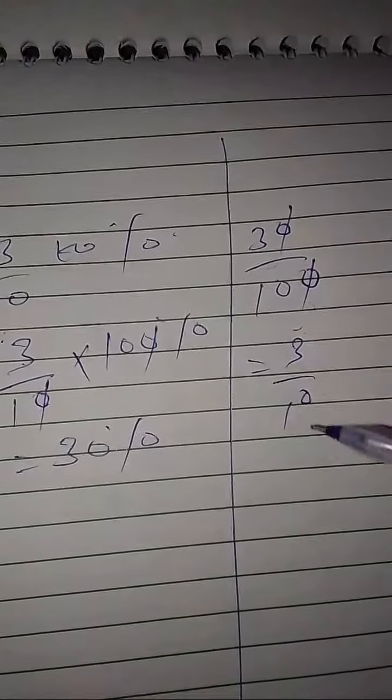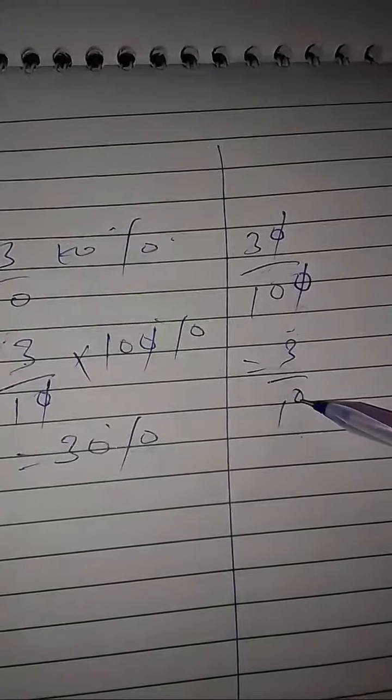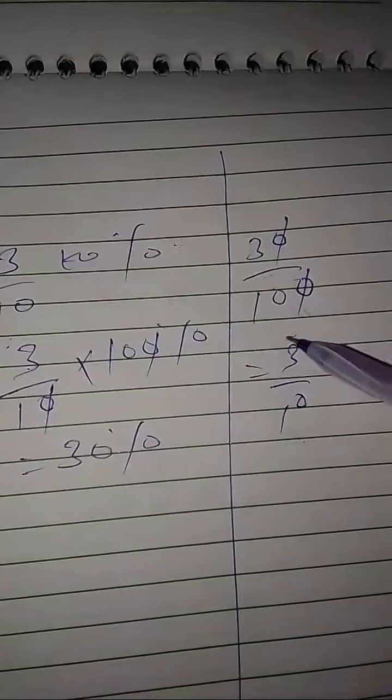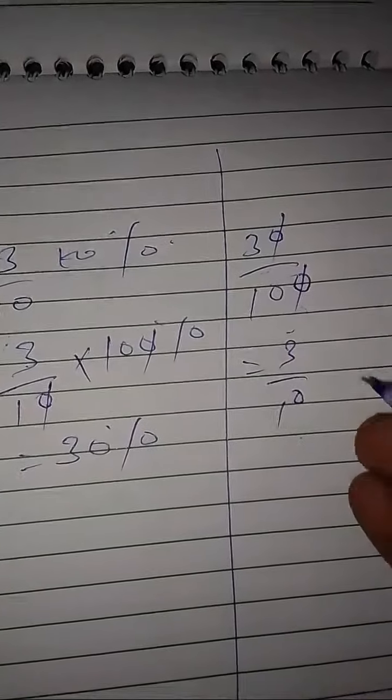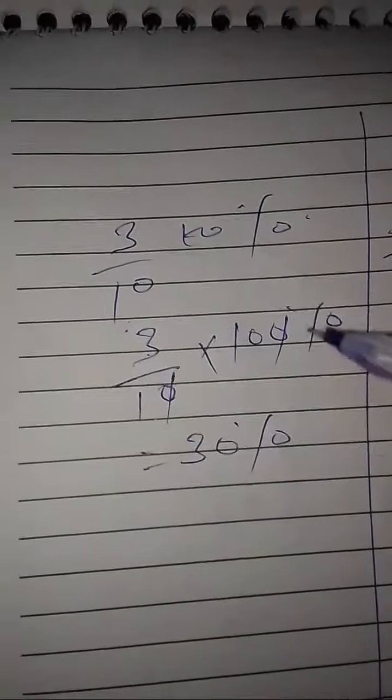So you can also change this 3 over 10, a fraction, into a decimal. How many 0 do you have? 1 0. So it means that you shall move 1 decimal point. So the answer now becomes 0.3. So that is the correct answer.